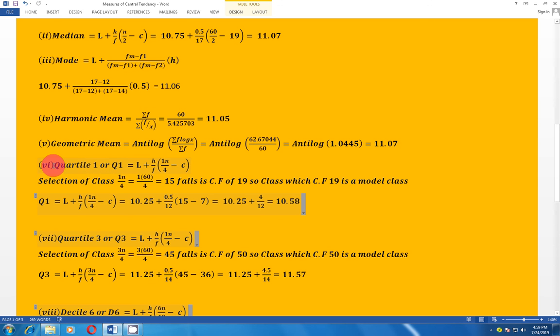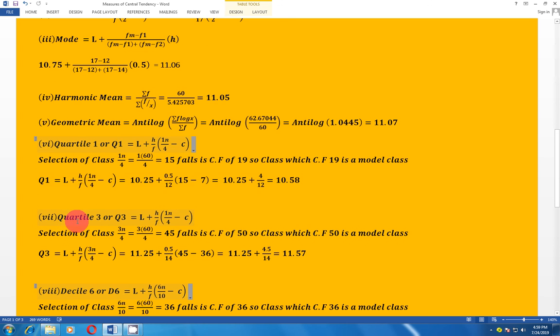For example, if we want to calculate quartile 1, here we will multiply 1 with n. If we want to calculate quartile 3, here we will multiply this 3 with n.